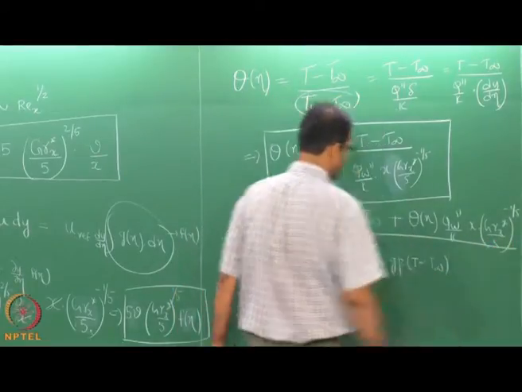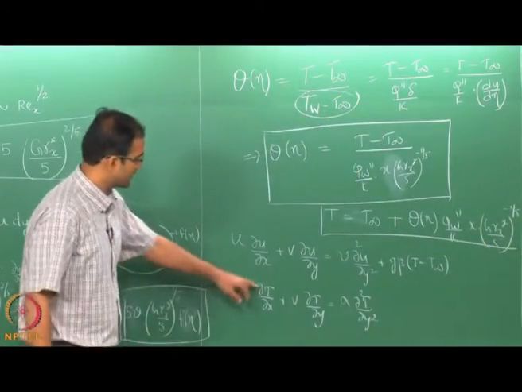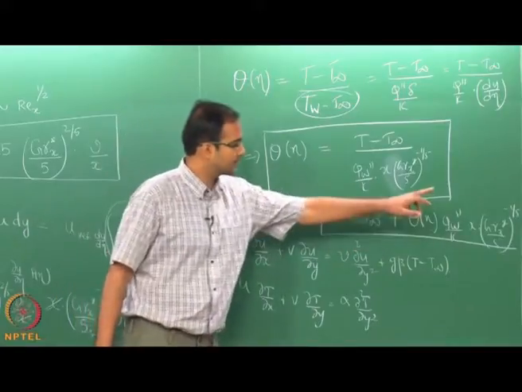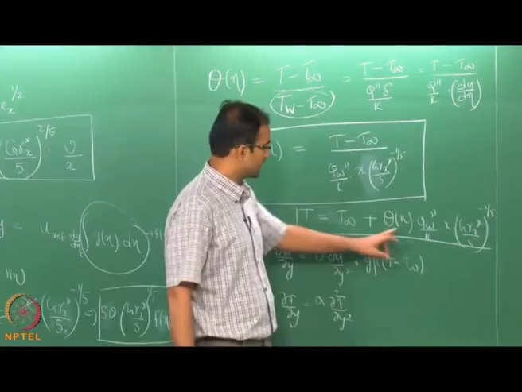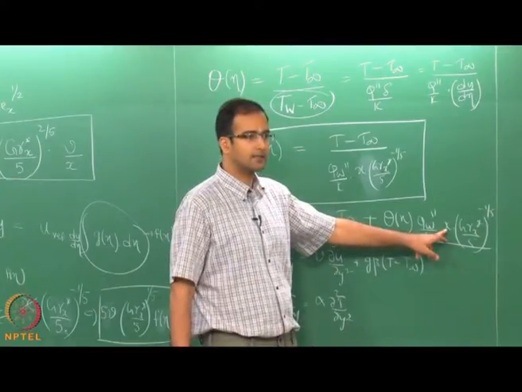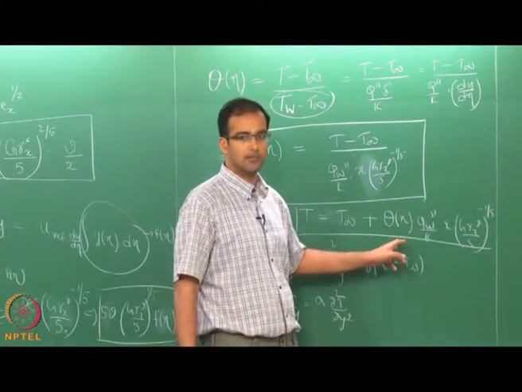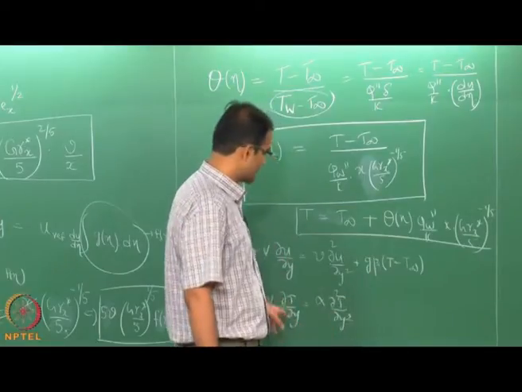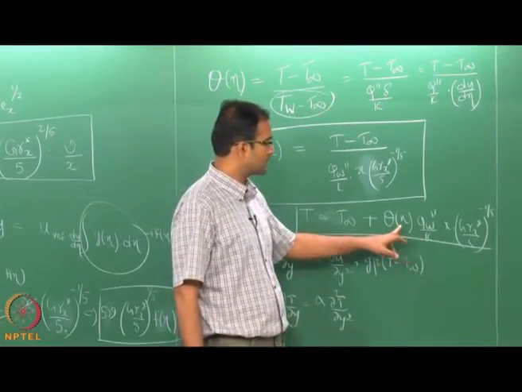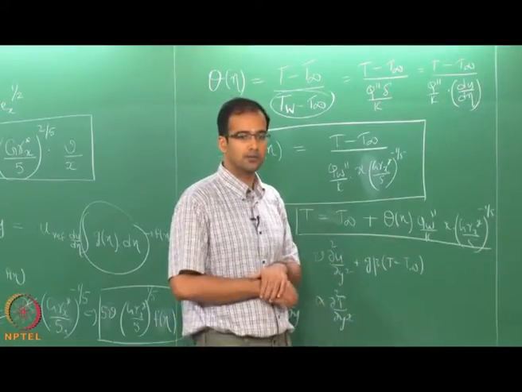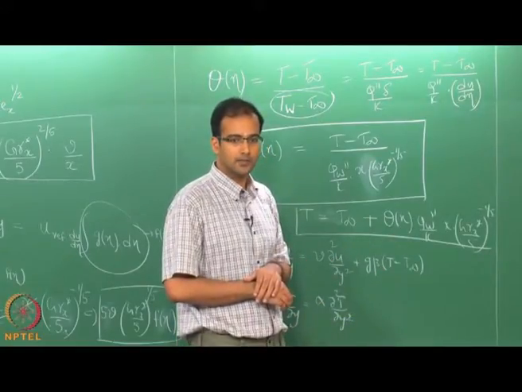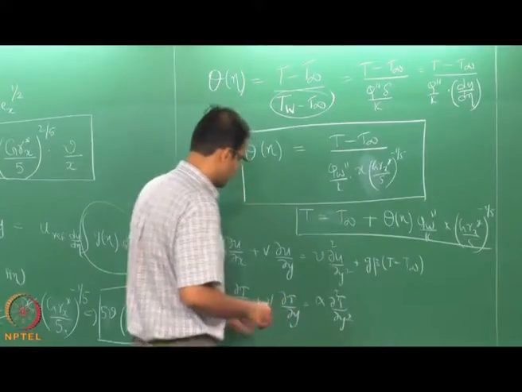So, you can substitute for dT by dx as this. You basically have dT by dx has functional dependence on x directly and also through theta. Okay. Similarly, when you say dT by dy, it is a function of y only through eta. So, like that you have to substitute for all the terms in the momentum and energy equation.